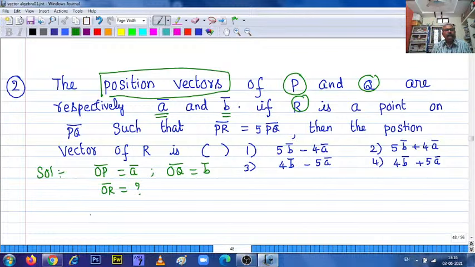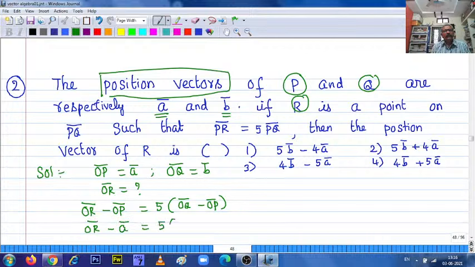So now the PR we can write as OR minus OP, equal to 5 times OQ minus OP. Substitute. OR we do not know. OP is A bar. 5 times OQ, which is B bar, minus OP, which is A bar. Now we can simplify.